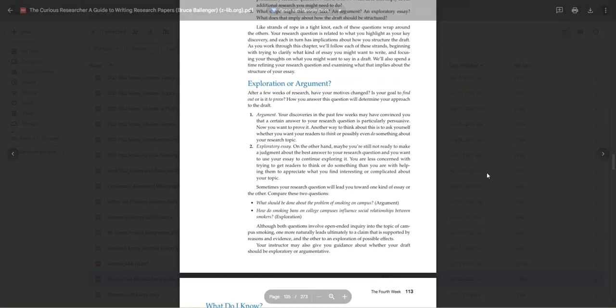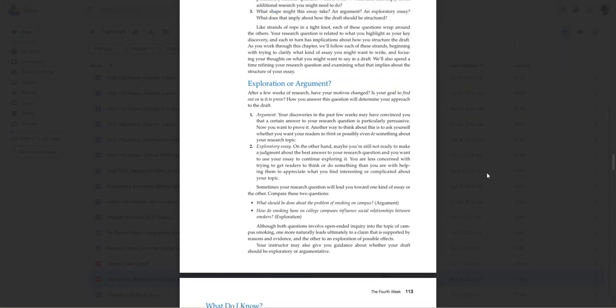You're just exploring, you're presenting all of your information, and then perhaps somewhere down at the end of the line, toward the end of your particular draft, you may then be able to come to some sort of a claim or conclusion. In older editions of the Curious Researcher, Ballinger used to call this a delayed thesis.